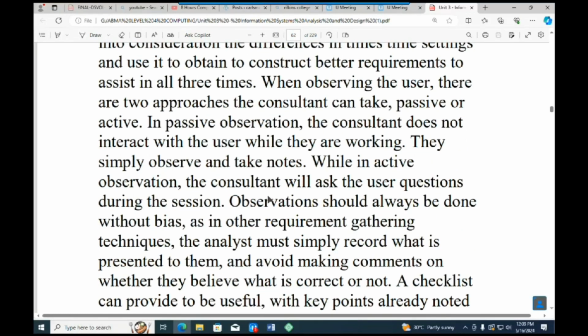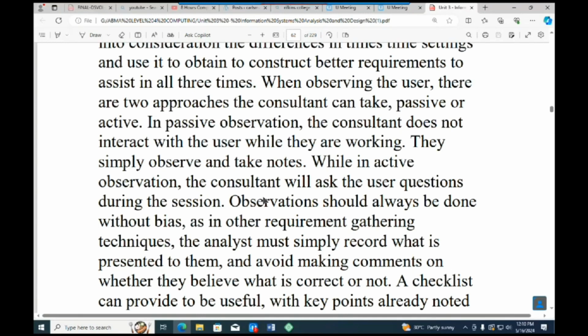In passive observation, the analyst or the consultant is not going to interact with the user while they are working. The analyst will sit down and observe quietly as the user is working. They simply observe and take notes. They are not participating, they are not interacting with the user as the user is working.